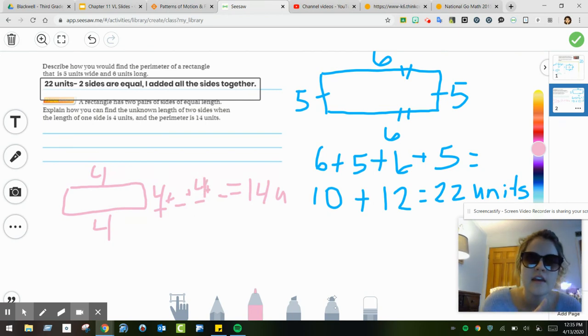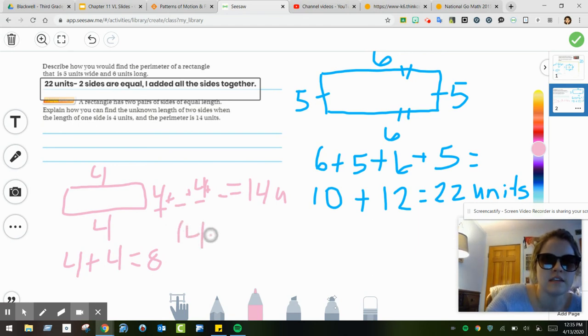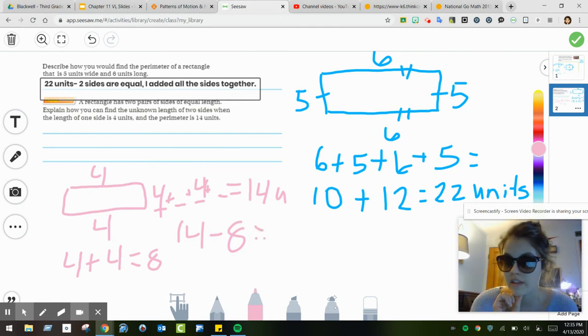I already know that. I just need to figure out the other 2. So I'm going to go ahead and add 4 plus 4 equals 8. I can go ahead and subtract that from 14 to figure out the amount of my other 2 widths combined. What is 14 minus 8?